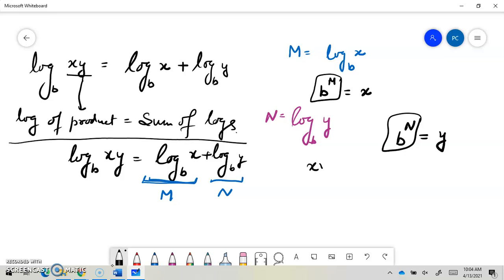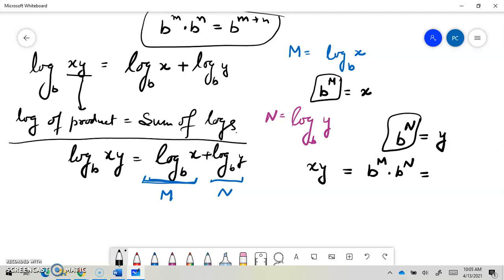So xy, the product of these two numbers, would be b raised to power m times b raised to power n. Now we've already done exponential rules. In exponentials, we have a rule which states that if b raised to power m is multiplied by b raised to power n, if the base is the same and it's multiplied, the powers add, right?